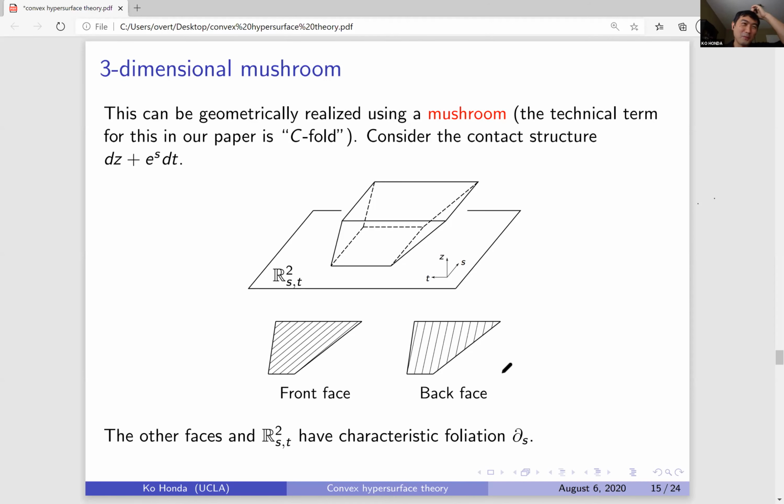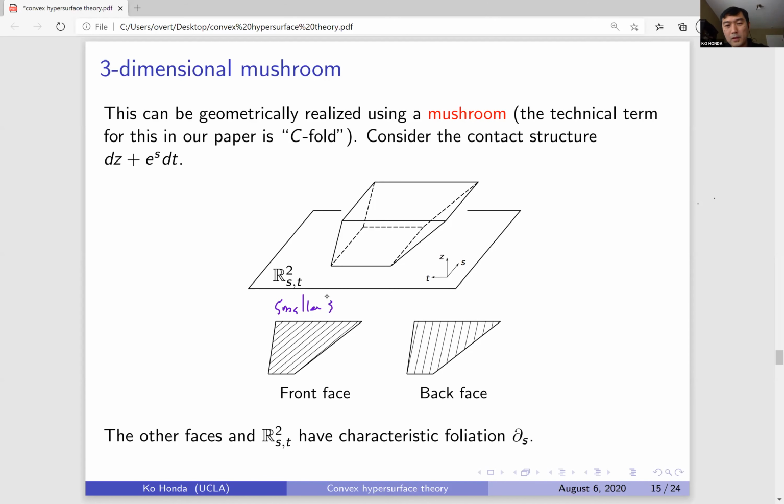I've made this joke already, but in these unfortunate COVID times, putting a lot of these mushrooms looks like a coronavirus. Okay, so the mushroom is something like the following. Remember the contact structure rotates like this. So the front face is smaller s.